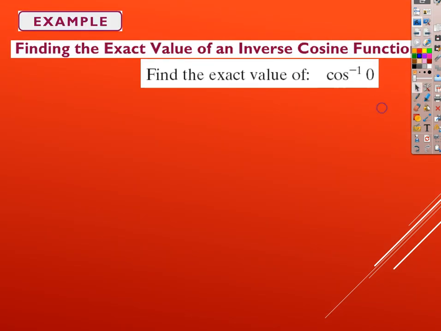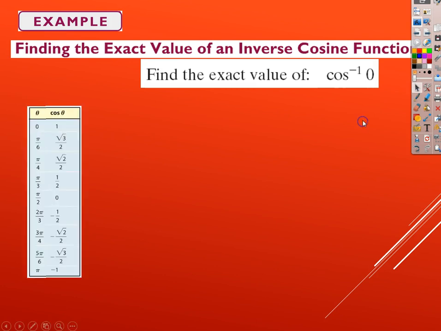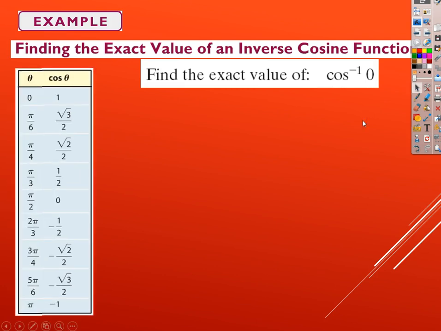Again, glad you asked. So here, find the exact value of inverse cosine of 0. This time I have a vertical graph, but let's go ahead and say inverse cosine. So this right here is really going to be my answer. This is my inverse cosine of x.